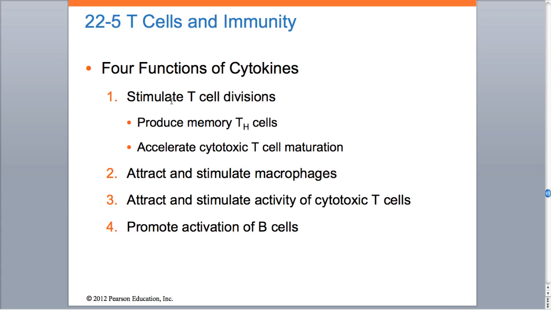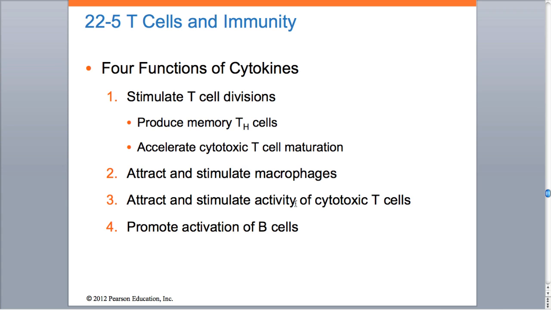Now, what I just said is already on this slide. Look what it says here. Attracts and stimulates more macrophages. So what level is macrophages? Level 2. Skipping to number 4 here. Promotes activation of B cell. What level is that? 3. Number 3 here.